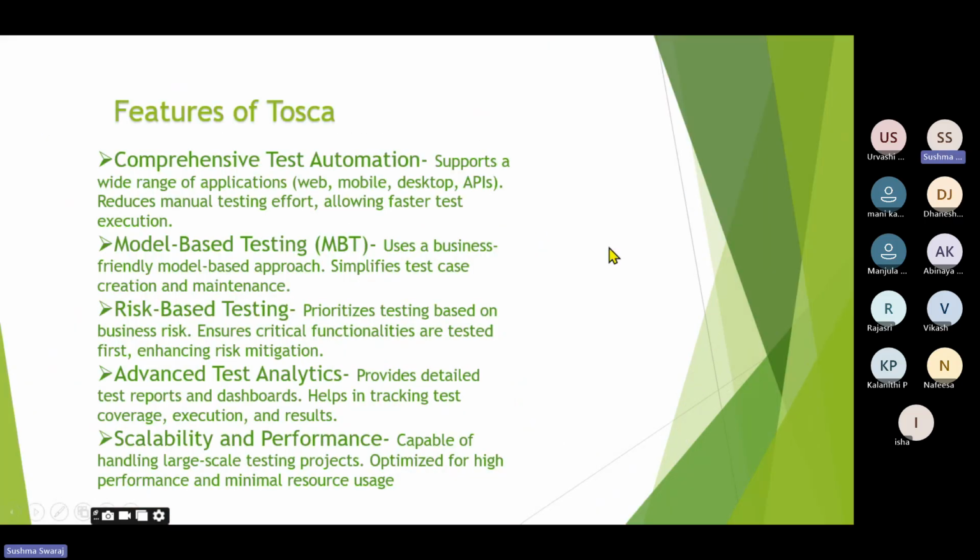Okay, so talking about the features of Tosca. Firstly, it is a comprehensive test automation. By saying comprehensive test automation, what we mean is it supports a wide range of applications. For example, if we want to automate a mobile application, a desktop application, or even a web application, it supports all of them.